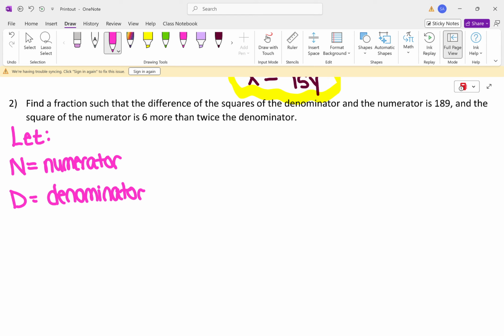Such that the difference of the squares of the denominator and the numerator. So not only are we taking the difference, which means subtracting, before we subtract, what do we have to do to them? Square them. And because denominator is written first, the d is going first. So I have to use d squared minus n squared is 189. That's my first equation.